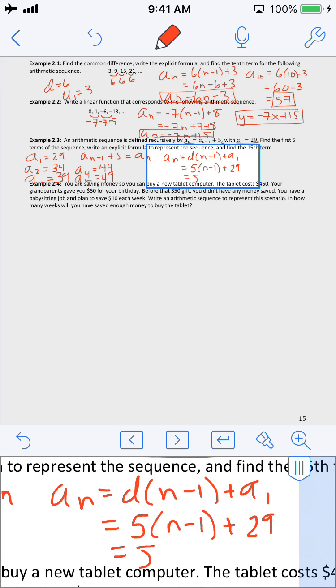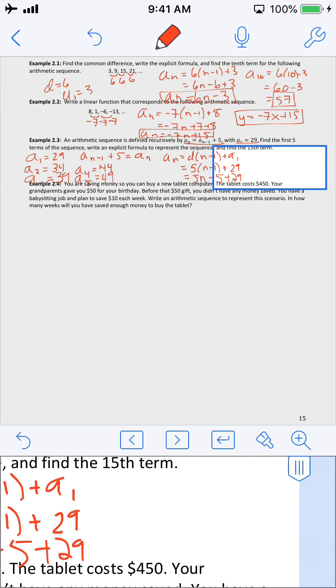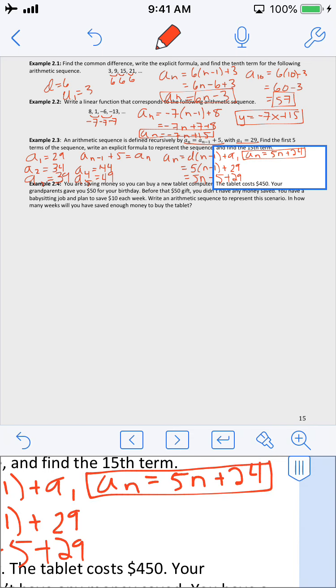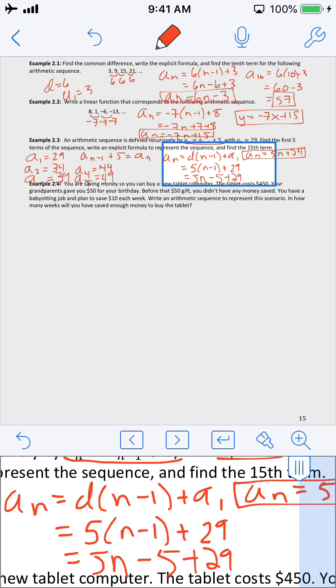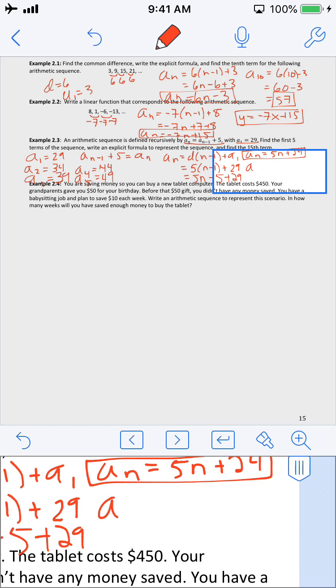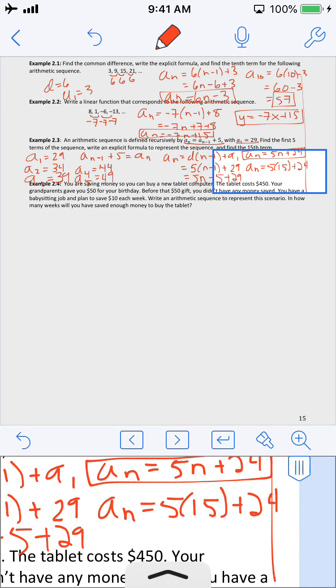Clean that up a little bit. 5n minus 5 plus 29. That would be an equals 5n plus 24 is the explicit formula. Okay. And last, we will use that explicit formula to find the 15th term. So an equals 5 times 15 plus 24. Oops. Come on.